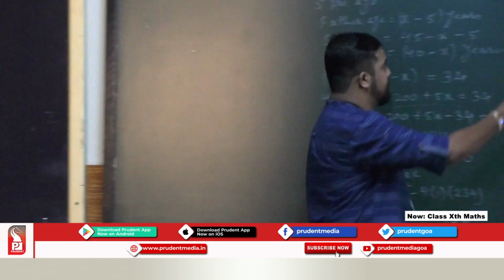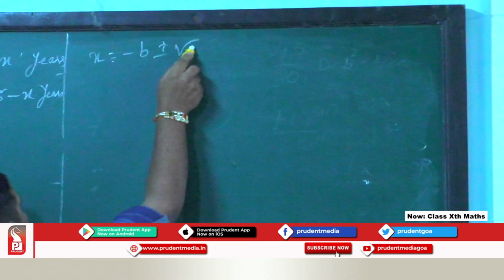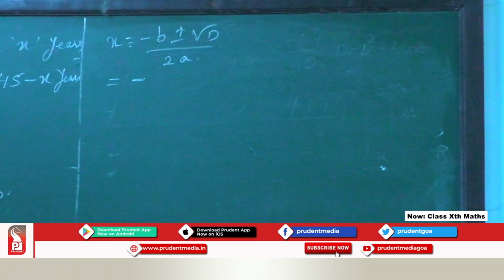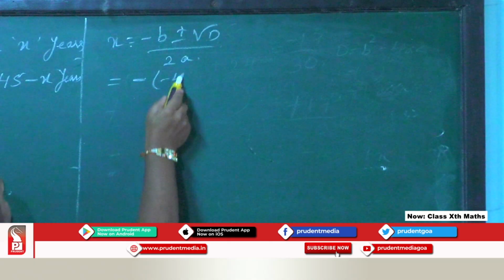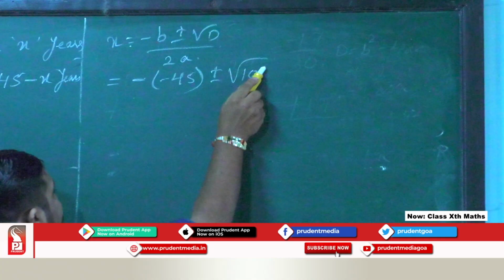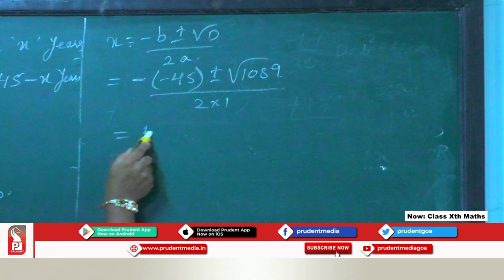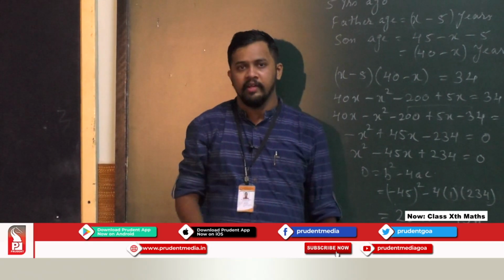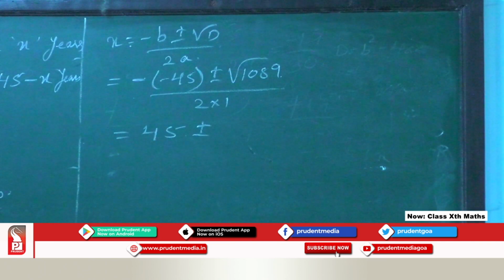Okay. So x is minus b plus or minus root D upon 2a. So minus, b is minus 45, so 45 plus or minus root 1089, upon 2 ones are 2. So let us find out the square root of 1089. Use your long division method to find the square root of 1089. That will give you 33.